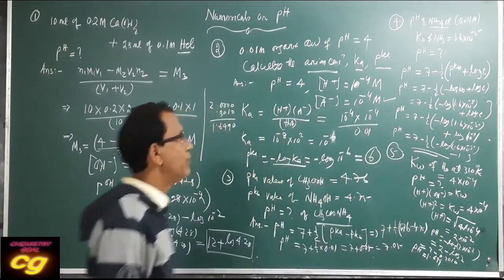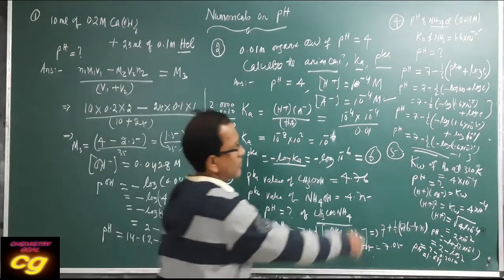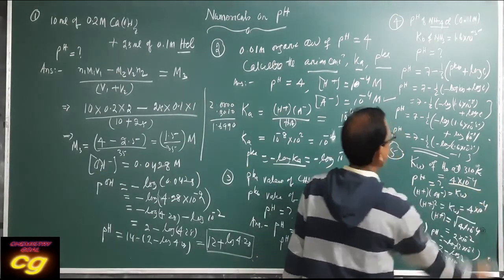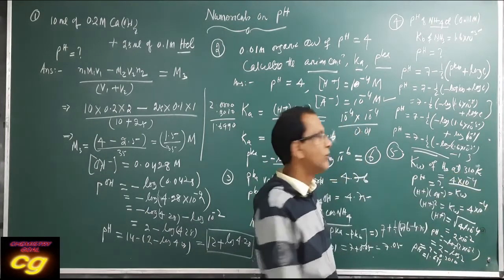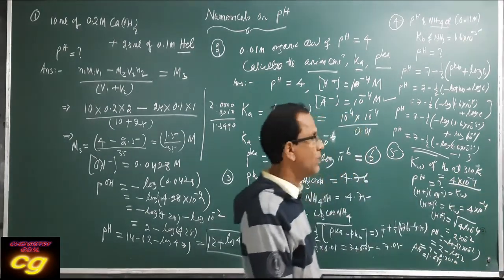This is the value of pH of the water when the temperature is 310 and Kw is equal to 4 into 10 to the power minus 4.